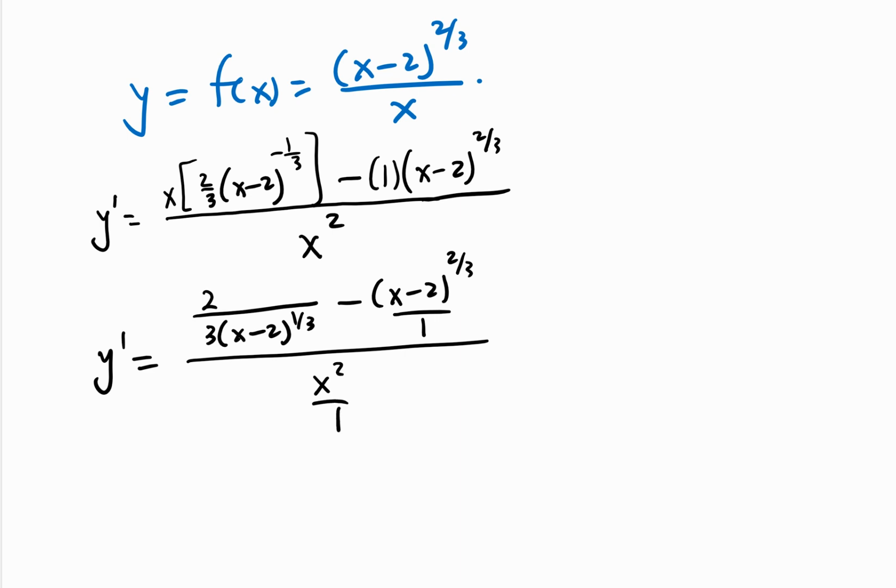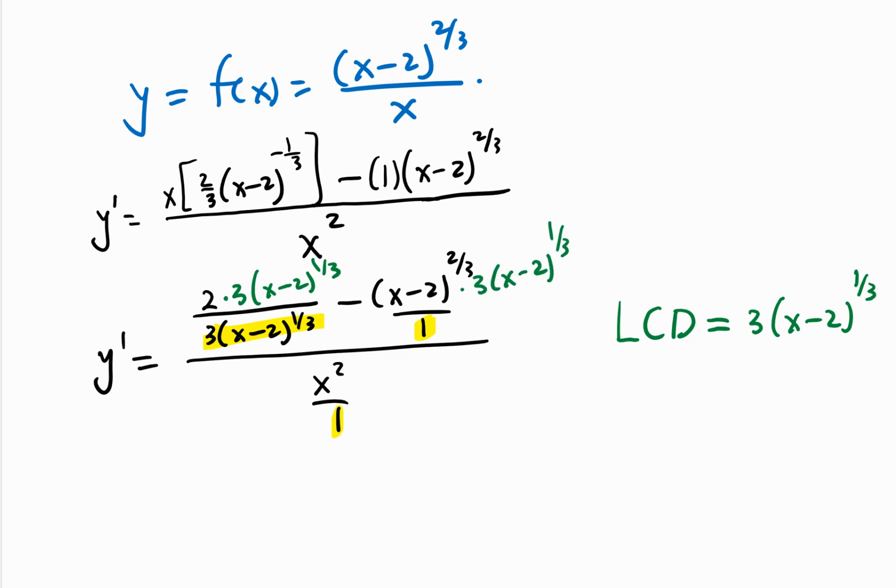Now the least common denominator, this is how I simplify those complex fractions. I look at the least common denominator for each of the fractions and I see it's 3 times x minus 2 to the 1/3. So we multiply by 3 times x minus 2 to the 1/3. Then y prime equals, these cancel out.